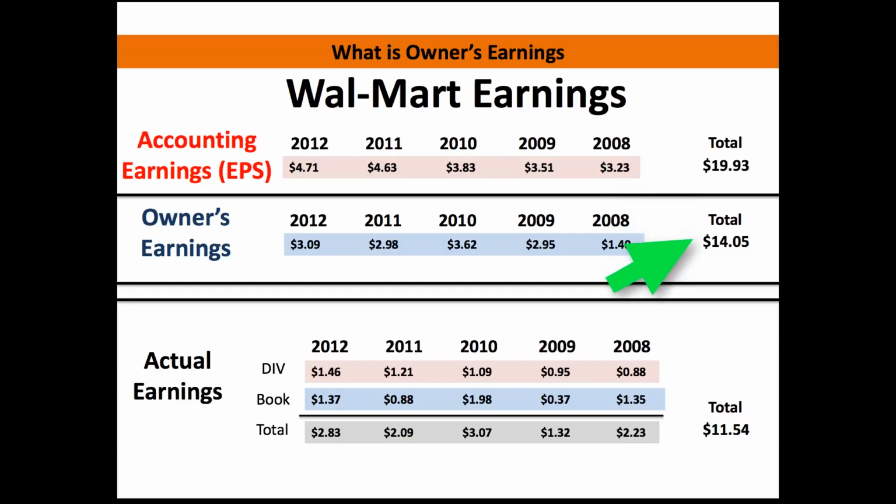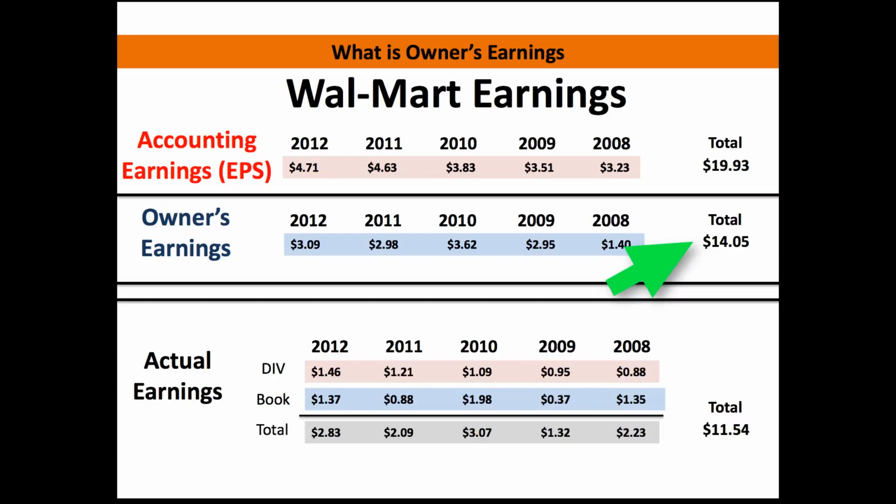Then as we take a step down and look at the owner's earnings, which we calculated off the cash flow statement, we'd have a much lower number: we would have only received $14.05. A lot of that money would have been paid to sustain operations. When you think about Walmart, they've got an enormous inventory and an enormous number of buildings. All those things require a lot of capital, and it's reinvested back into the business just to sustain operations, not to grow.